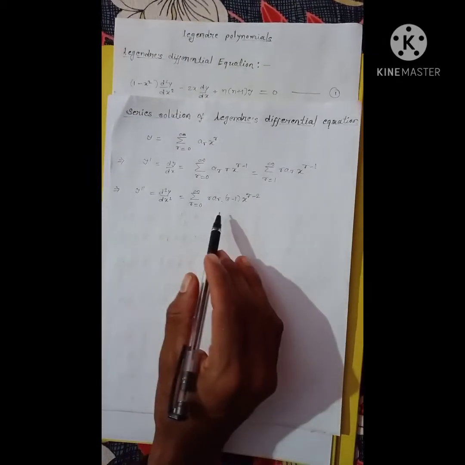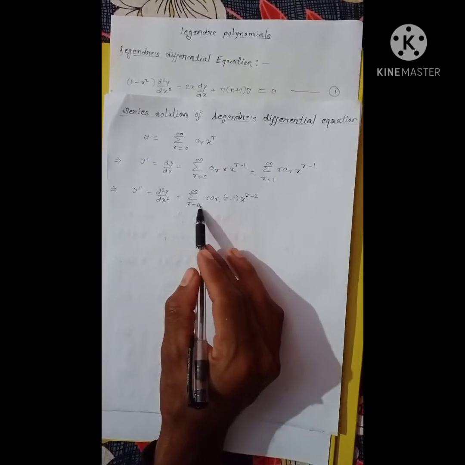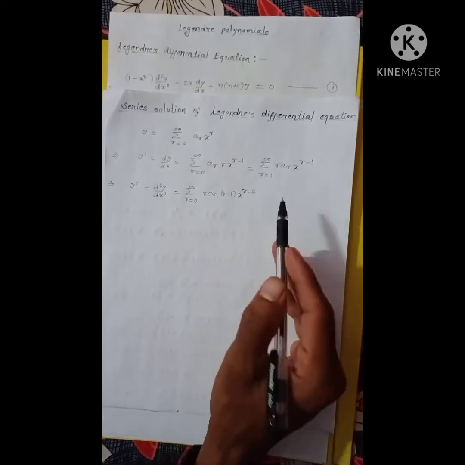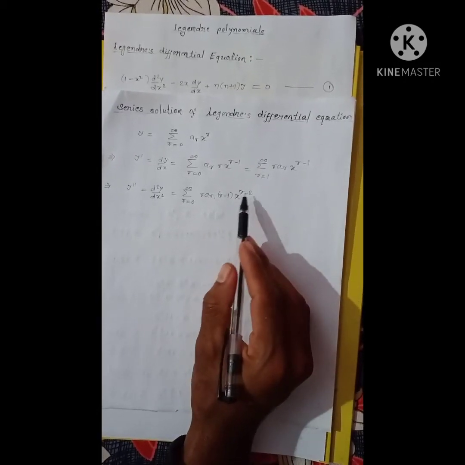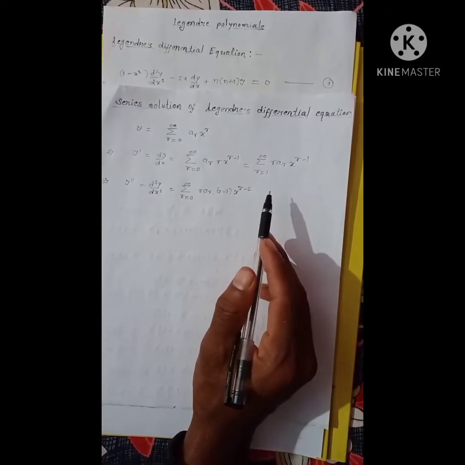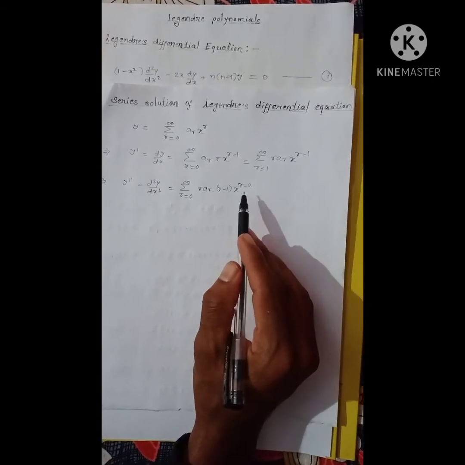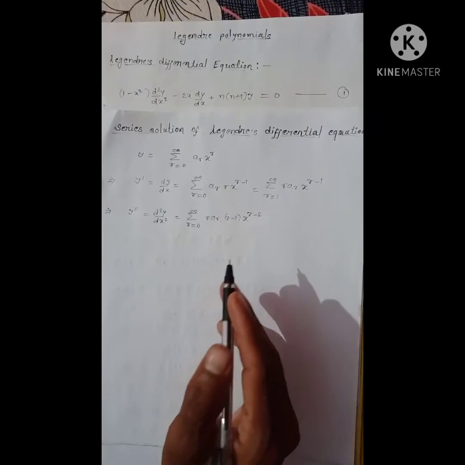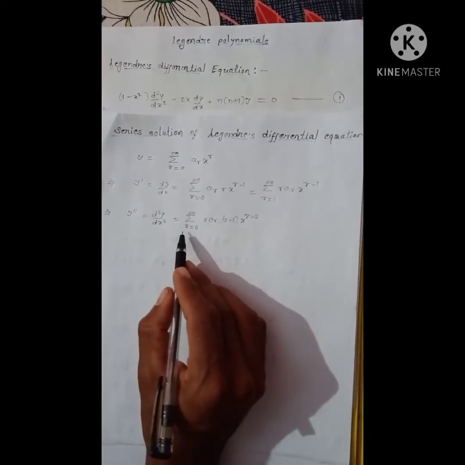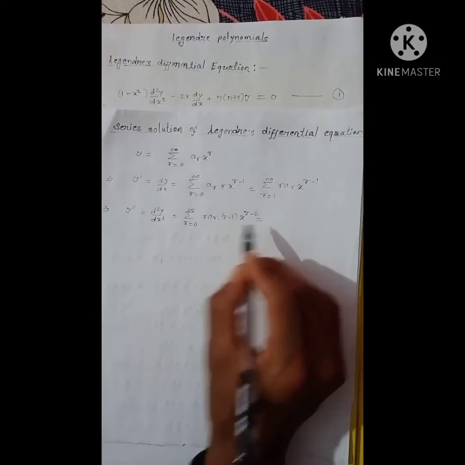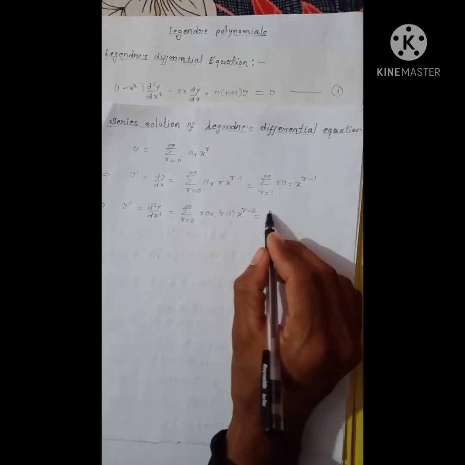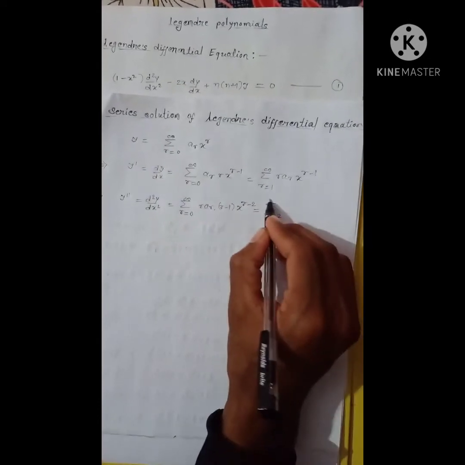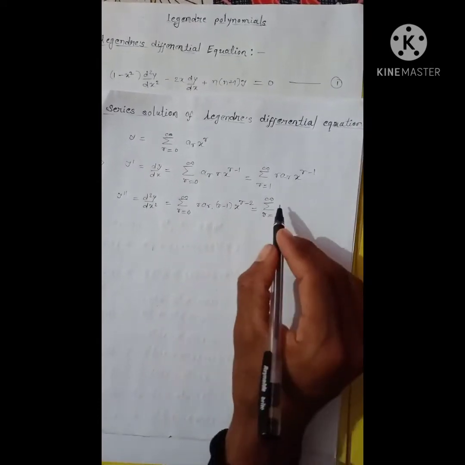Also in this summation, when we put r equal to 0 and 1, we will find the power of x negative. So to obtain non-negative powers of x, we will start the limit of summation from r equal to 2. So summation r equal to 2 to infinity, and this term r as it is.